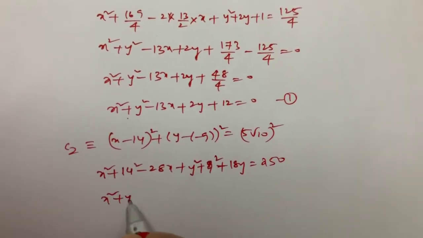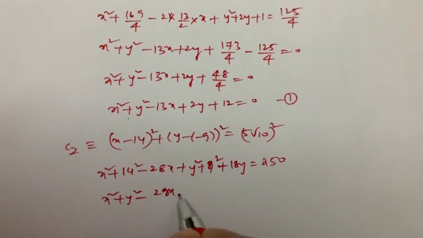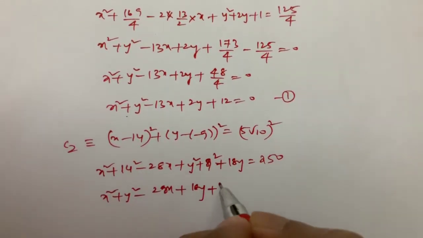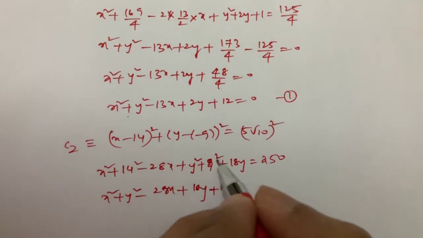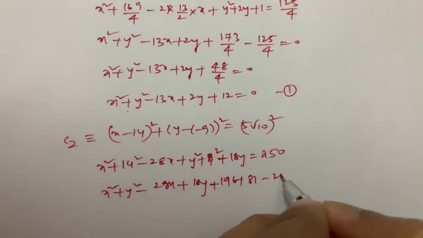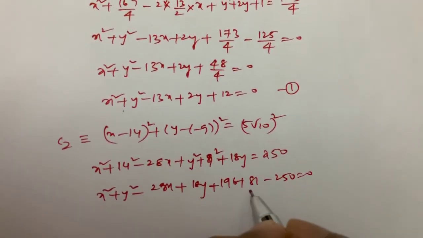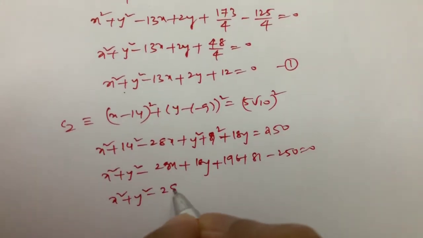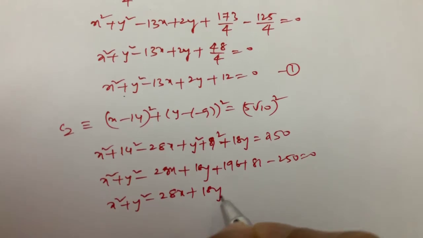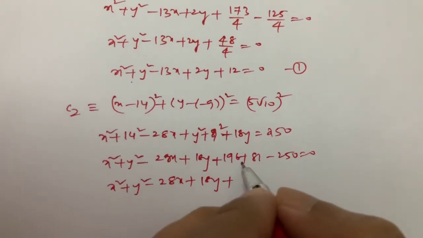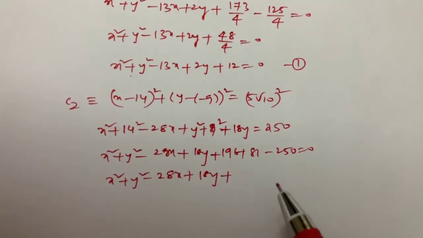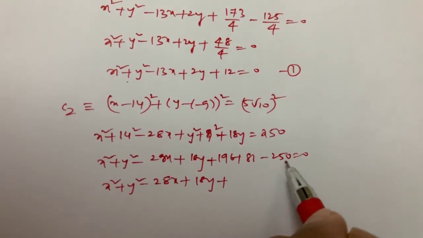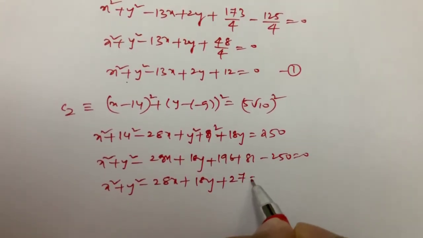So x square plus y square minus 28x plus 18y, and 14 square is 196, 9 square is 81, minus 250 is equal to 0. If I subtract, 81 minus 54 is 27.